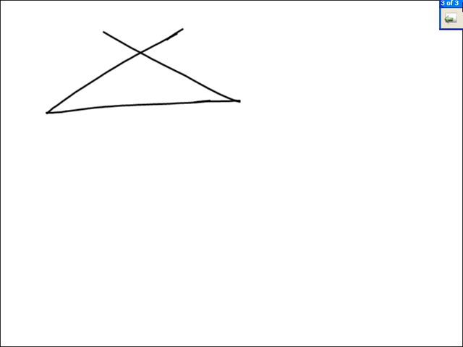Suppose you have a figure like this. And we'll label it V, W, X, Y, and Z. And we'll call this angle 1 and that angle 2.